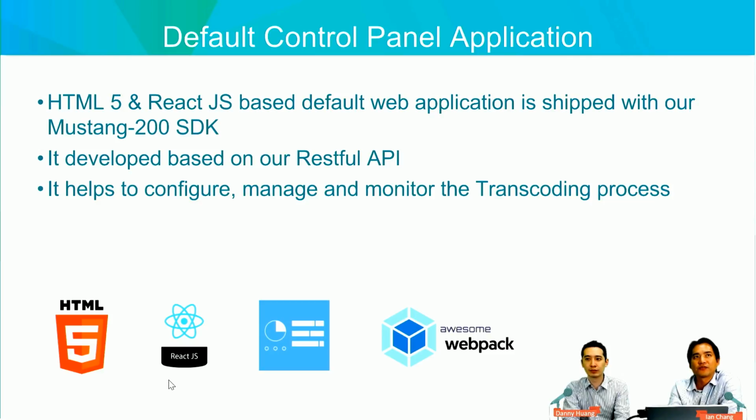Our default control panel application is based on React.js and HTML5. This will be the web service of our host Mustang-200, and we developed it based on our RESTful API. The other is Webpack, which is an open source JavaScript module bundler.